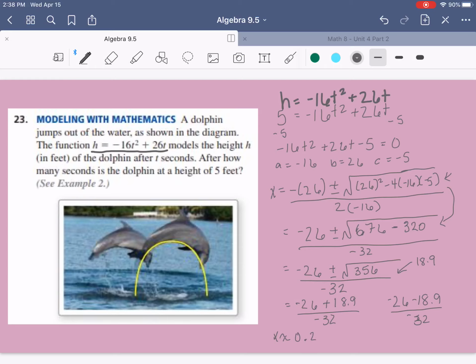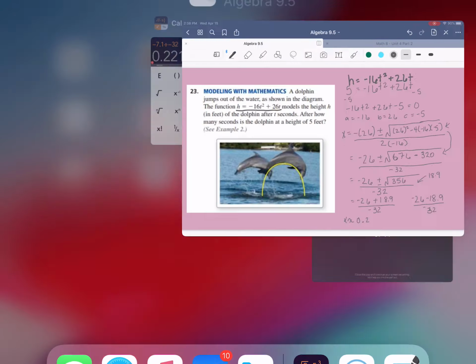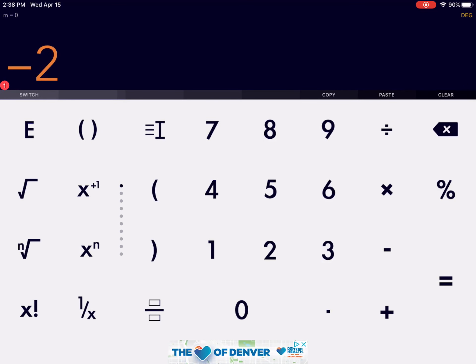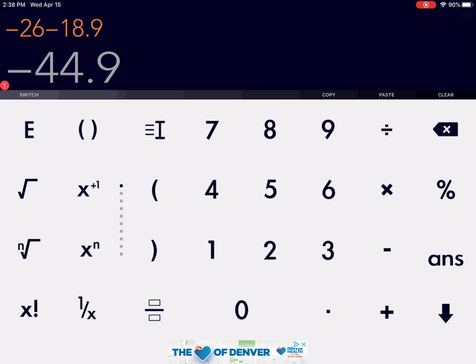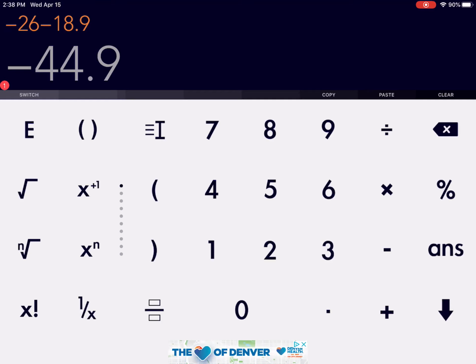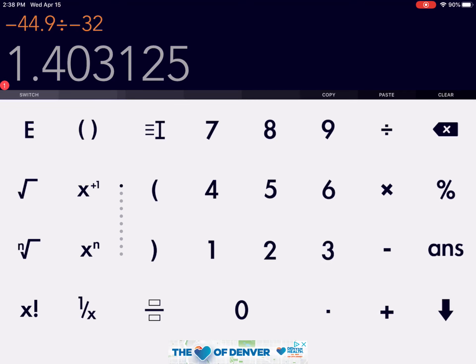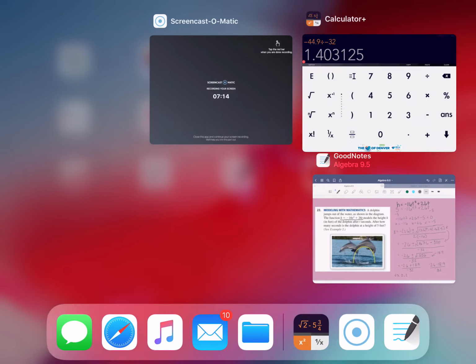And then my second one, negative 26 minus 18.9 equals negative 44.9, divided by negative 32. And that gives me 1.40, so 1.4.